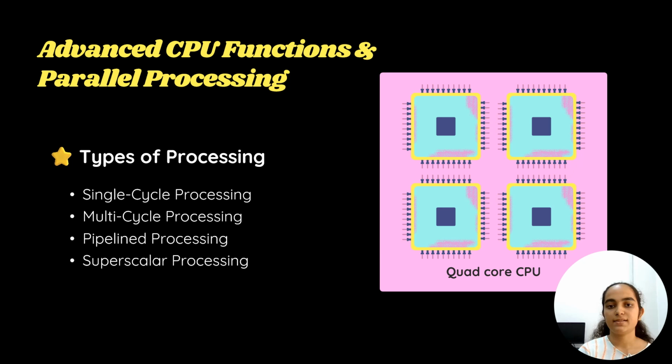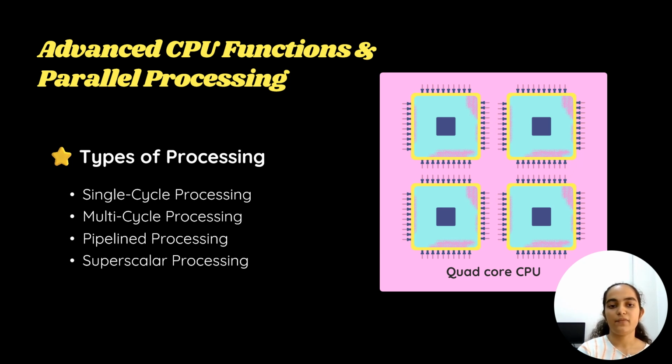Pipeline. This is like an assembly line. Multiple instructions overlap, so while one is being executed, another is being decoded, and another is being fetched. This significantly increases speed. Last one is superscalar processing.